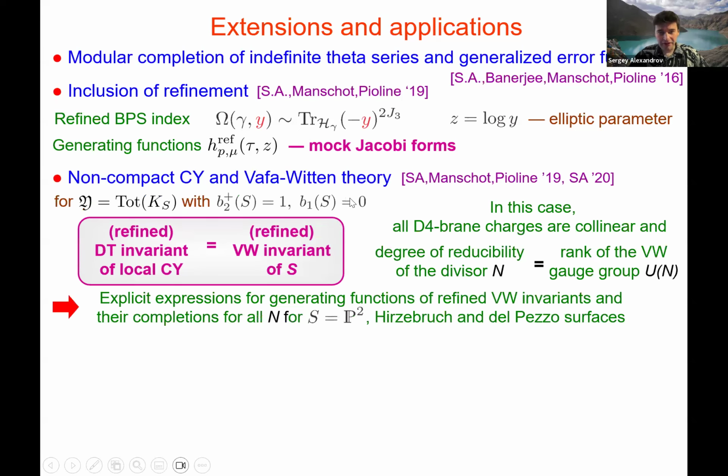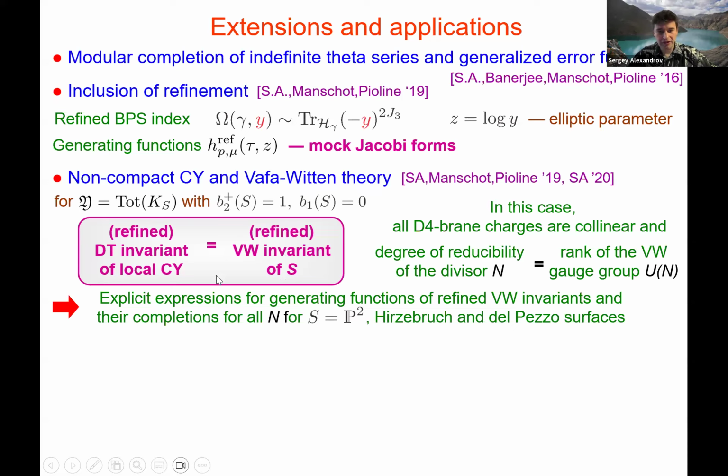And the next extension is that you can take the limit of a non-compact Calabi-Yau. In particular, one can take the resulting non-compact Calabi-Yau to be just the total space of the canonical bundle over a certain surface S. If this surface S has Betti numbers like this, then it's known that this rank 0 DT invariant on this non-compact Calabi-Yau coincides with the Vafa-Witten invariant of this surface.